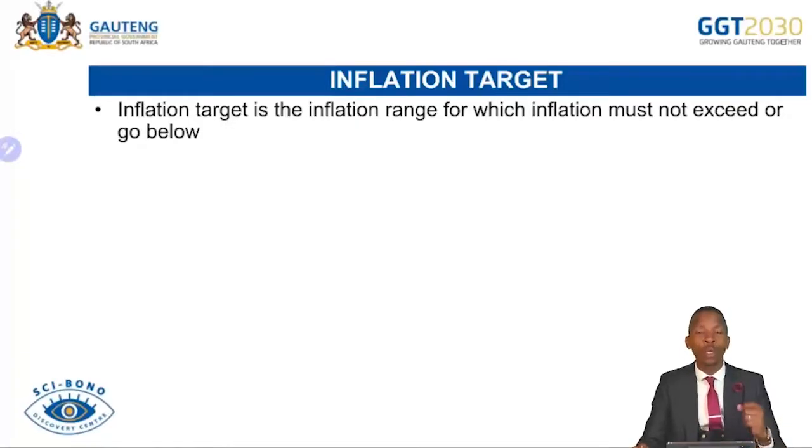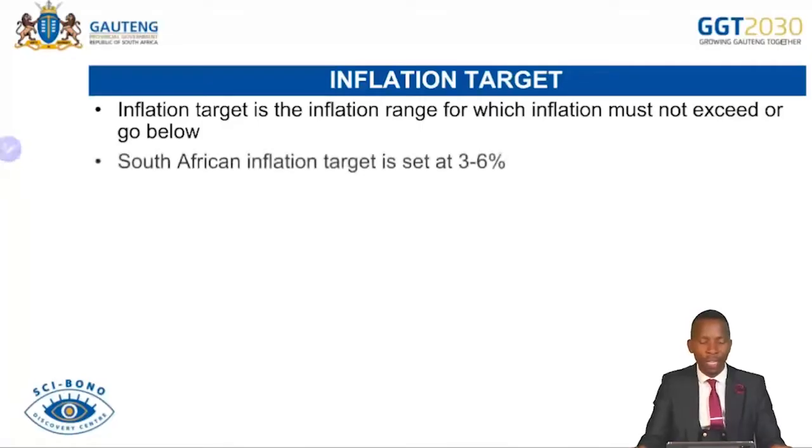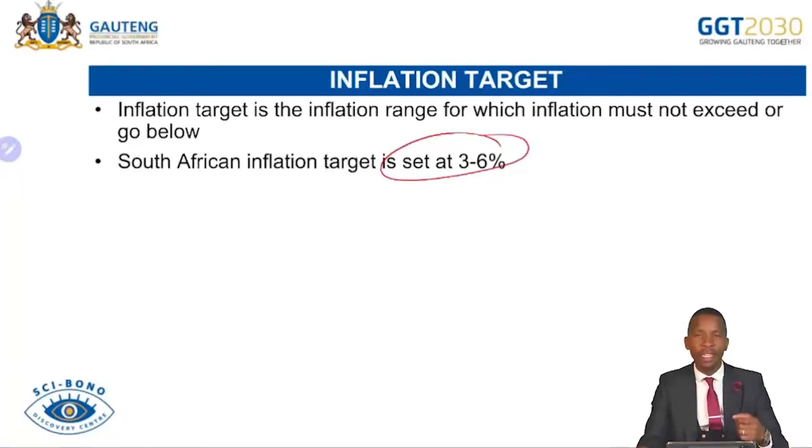If ever it goes below, the inflation should be corrected because goods become relatively cheap within the economy, which does not benefit producers. The inflation target is the inflation range which inflation must not exceed or go below. The South African inflation target is between 3 to 6%, meaning inflation should not decline below 3%, and should not increase beyond 6%.